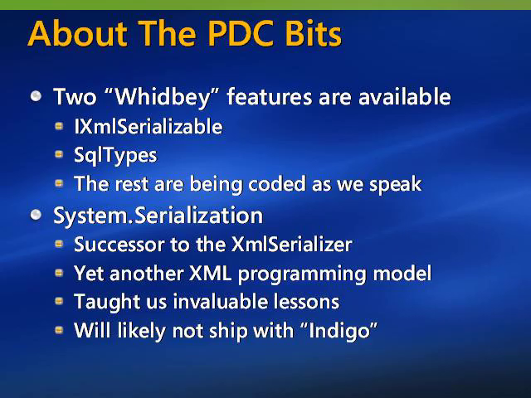Number one lesson: discovering that XML programming and serialization are two totally different things. They're just different. And we're going to fix both of them by focusing on what's core about them. So this will likely not ship with Indigo. That's the current plan of record. It may. I'd encourage you to still take a look at it. It supports 96% of schema, but you may not comprehend how it does it.